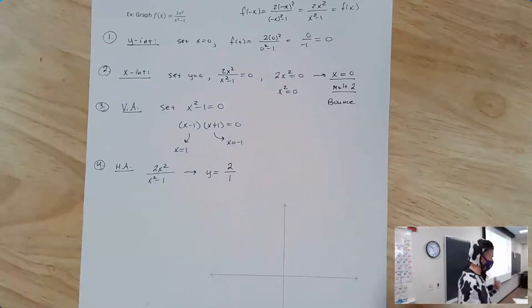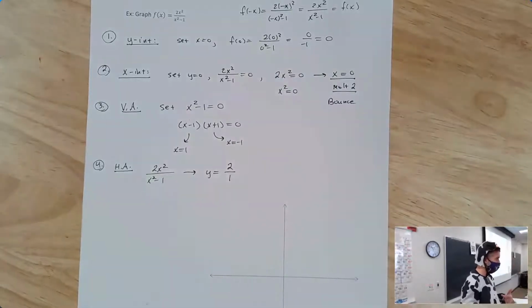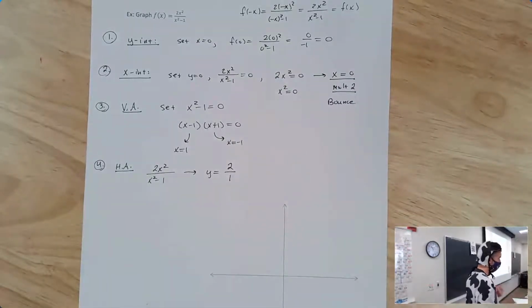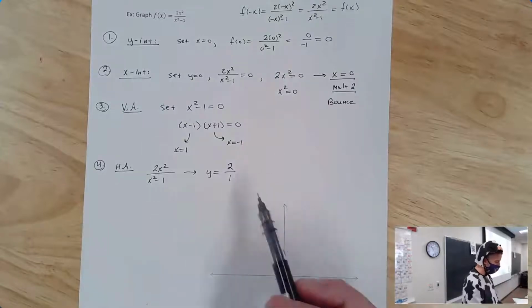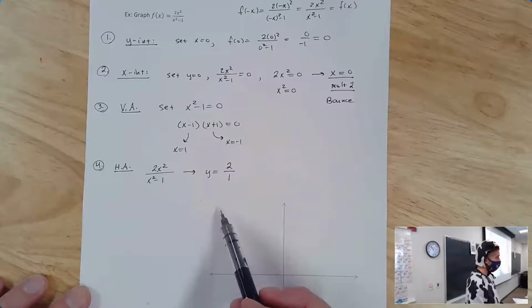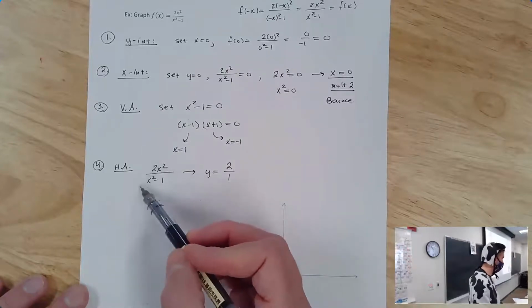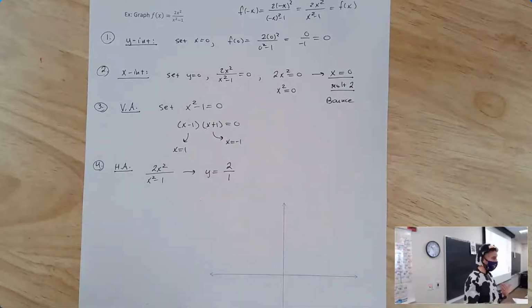Even though there's a lot of 1s happening here, I really would encourage you all to actually write that out when you do it. I know I said you don't have to, but I've seen people say, oh, it's 2 because the degree was 2. It's not 2 because the degree was 2. It's 2 because the degrees matched and the coefficients were 2 over 1. So I want you to be very clear on why we're getting this value.